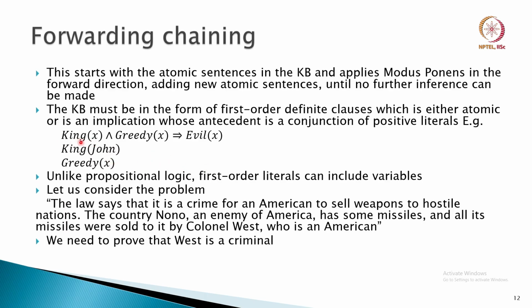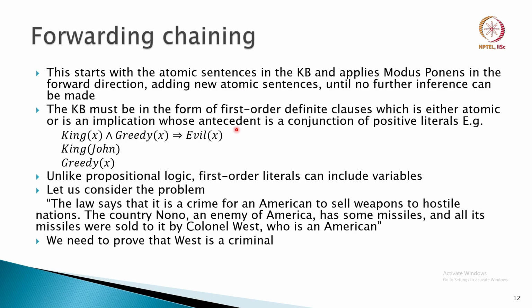Then you can replace x by John on the left side. And if you are replacing x by John, then if King John is true and greedy John is also true, you can imply evil John. So what you are doing is carrying out inference and finding new inference sentences, and you are adding that into your knowledge base. So you can put evil John and add it into your knowledge base.